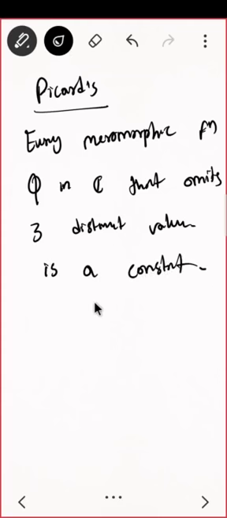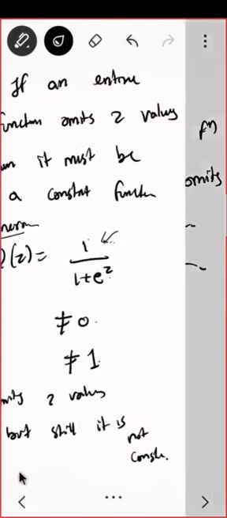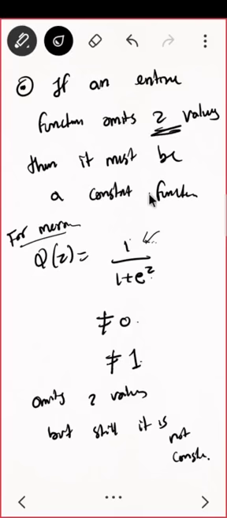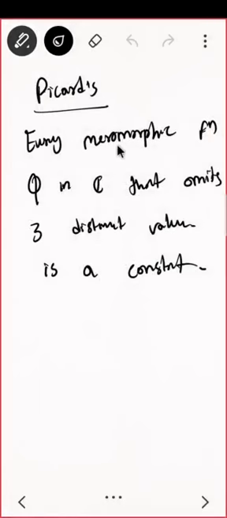Correct? So remember, for entire, if it omits two values then it must be constant, and for meromorphic it must omit three distinct values, then it will be a constant function.